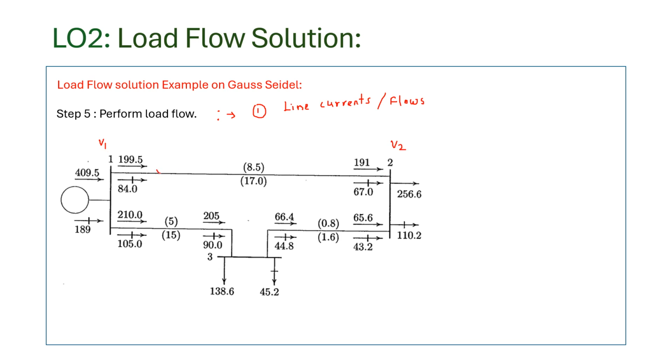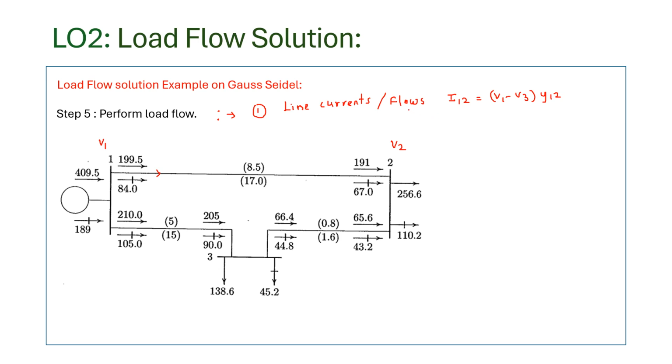Now we can calculate the current. Say the current is I12, the current from bus 1 to 2. It is equal to the potential difference V1 minus V2 into the admittance Y12. Then we will get the current. In this way we can calculate the current in all the lines of the given system.